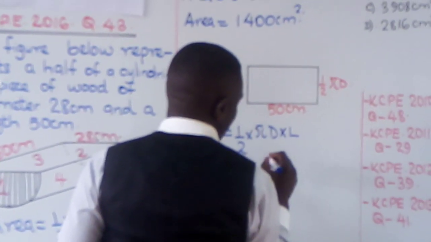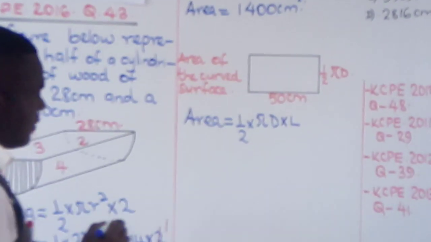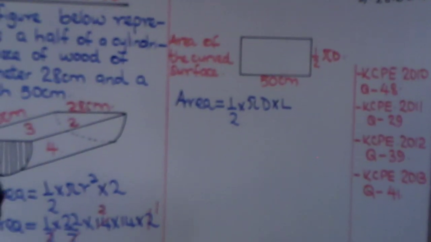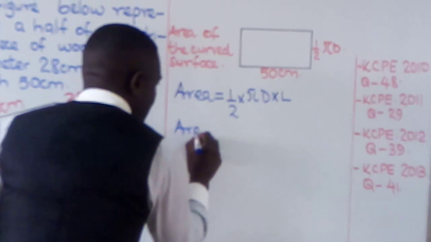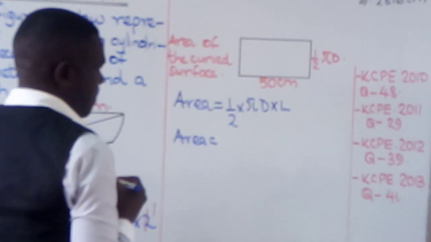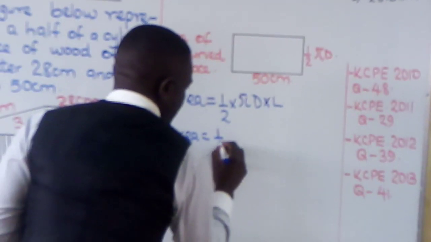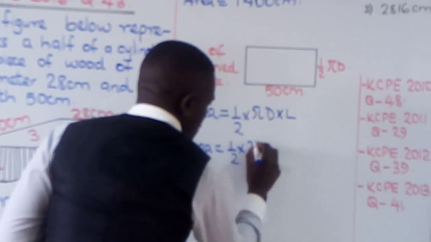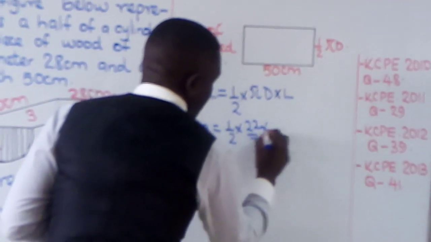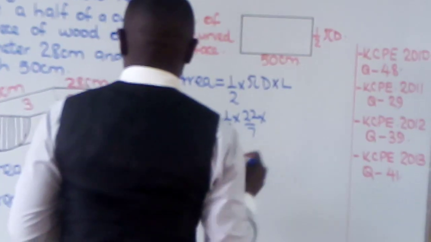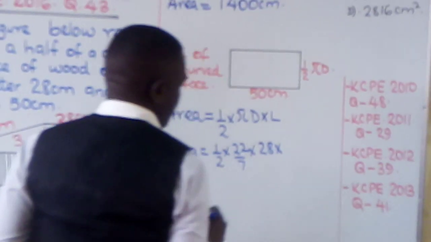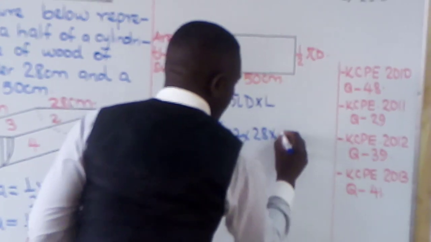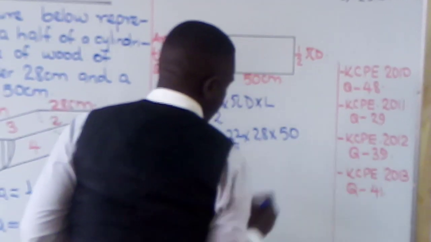In this case, we give it the horizontal length. So area here is going to be a half multiplied by 22 over 7 multiplied by diameter, which is 28, and multiplied by the horizontal length, which is 50 centimeters.